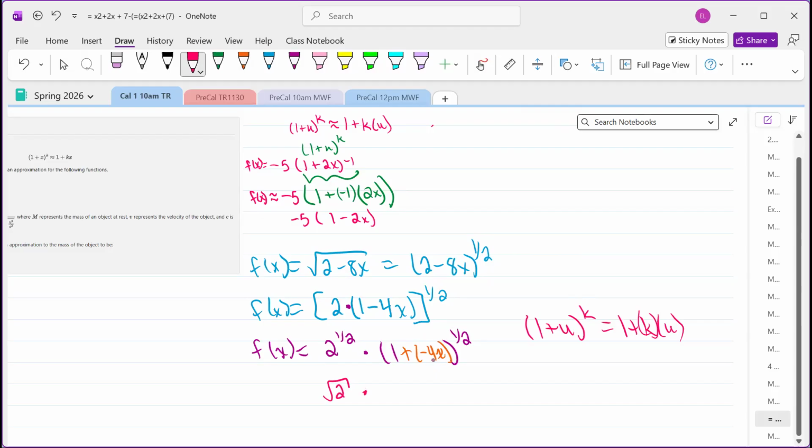But my 1 plus negative 4x to the 1/2, I'm going to trade out for 1 plus 1/2 times negative 4x. That's what f of x is approximately equal to.